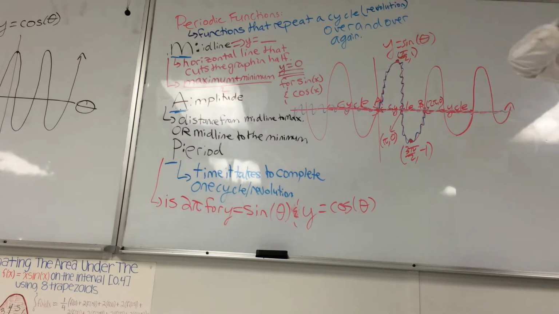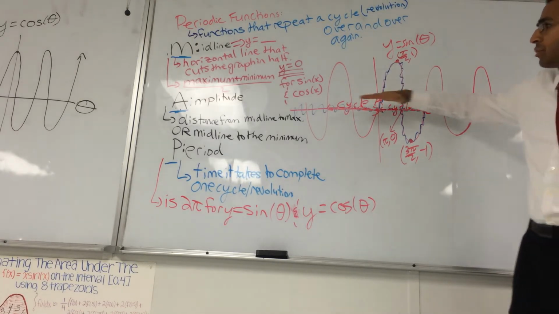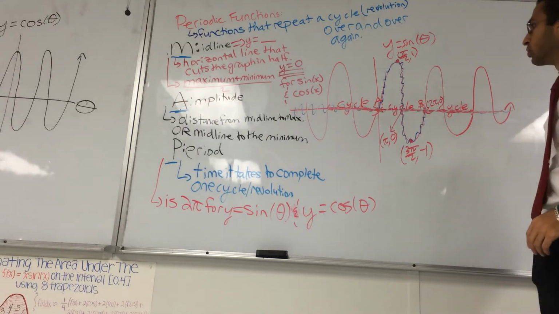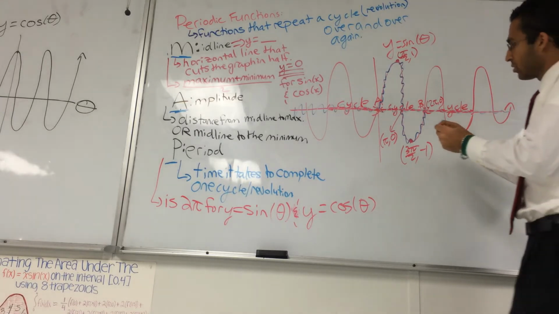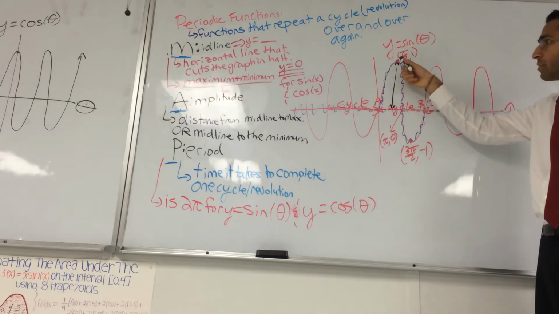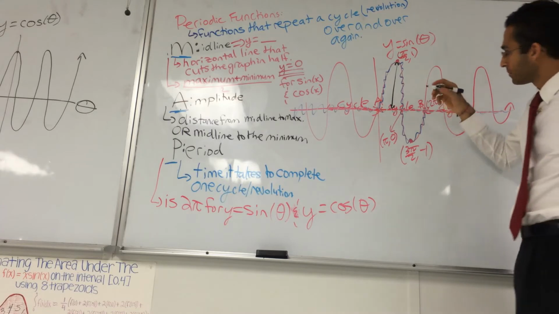You think about it, the middle to the max has to equal the middle to the bottom. If you think about this, the middle is at 0, the max is at 1, so we would say that the amplitude, which is this distance right here, from the middle to the max, would be equal to 1.